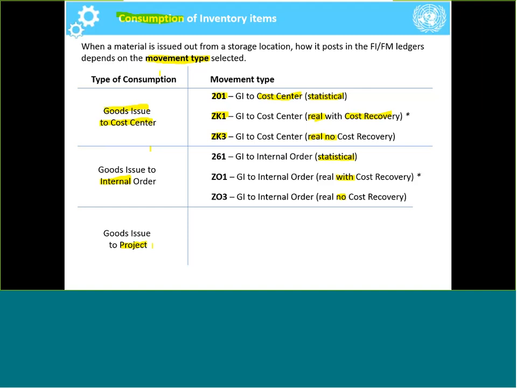Let's say they say, look, we haven't budgeted for the materials under the asset under construction, but we need to capture the cost. So what you do there is a non-budget relevant issuance, a statistical issuance to the project, okay? If they say to you, yes, we need to make sure that this is reflected and reduces the budget of the asset under construction, then you will use the other issuance.